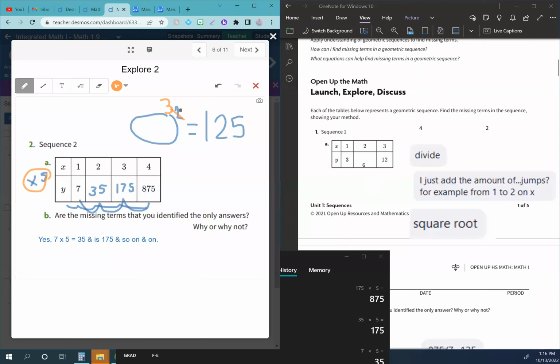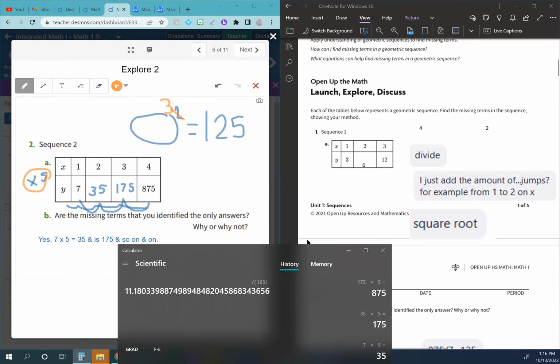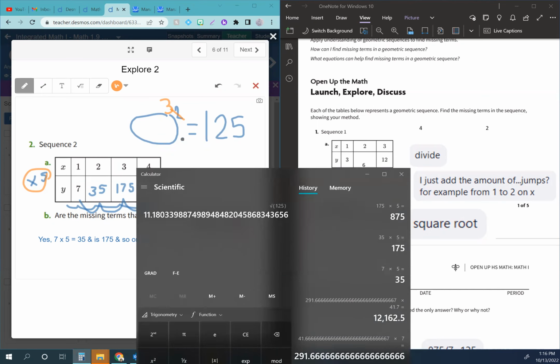1, 2, okay, so what number when I cube it? Everyone said cube. What number when I cube it gives me 125? What number should go in there?